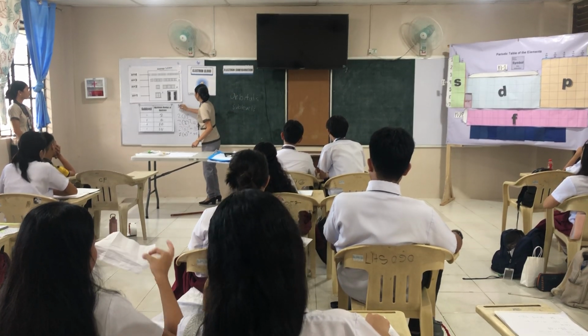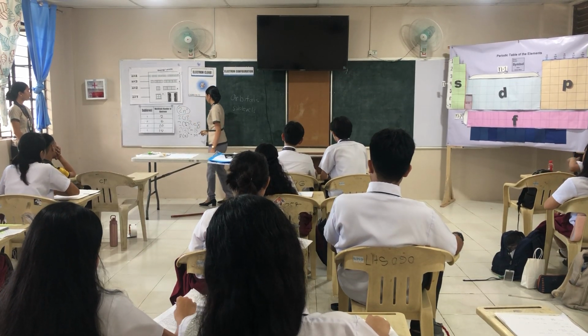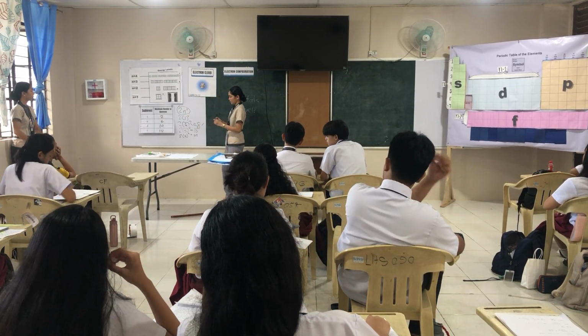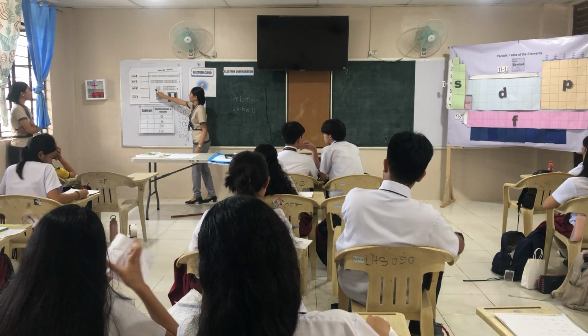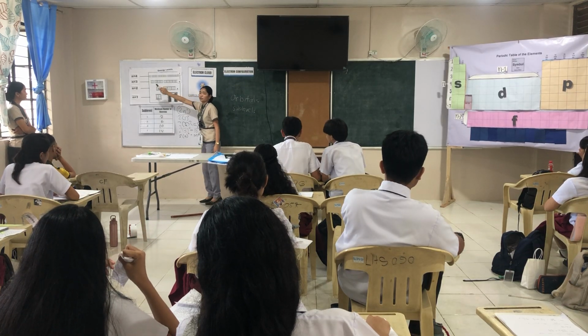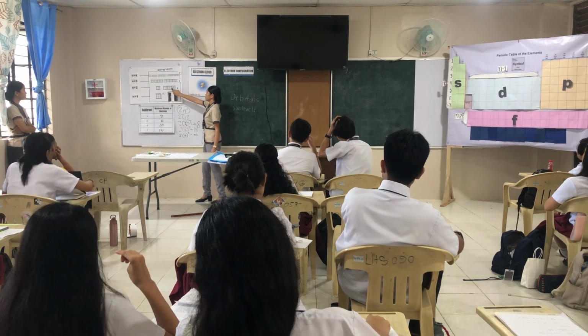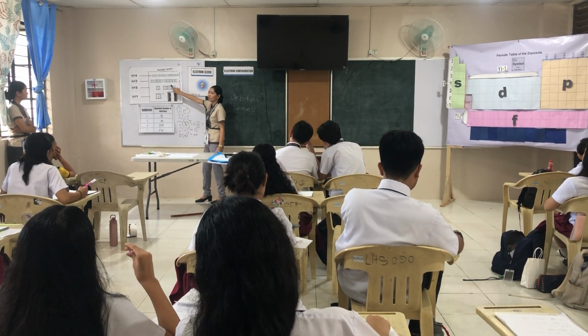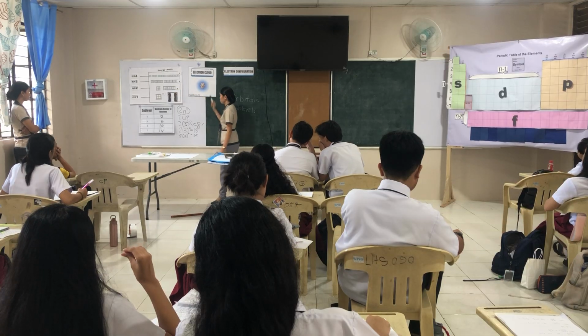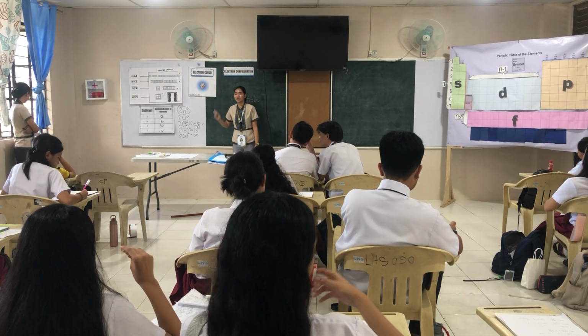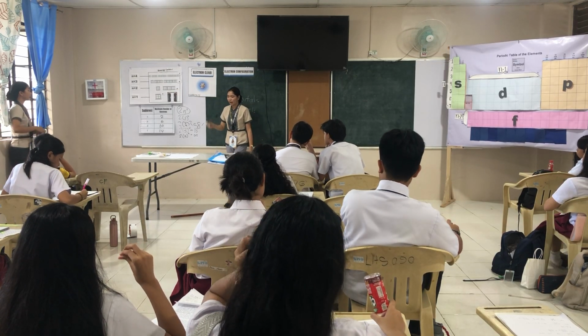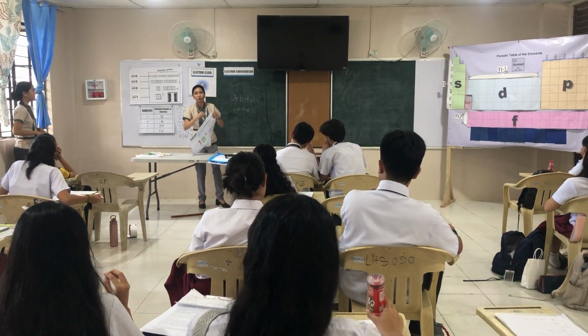Using the formula here, we have 8. So if we count these rooms or sublevels, we have S room 2 plus the P room 6. We have 8. Same with this. Do you understand, class?